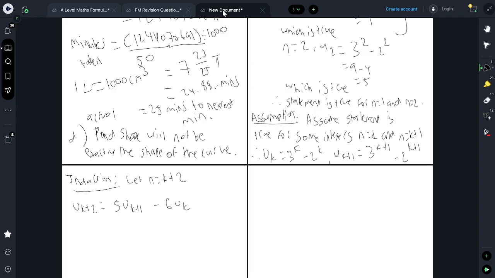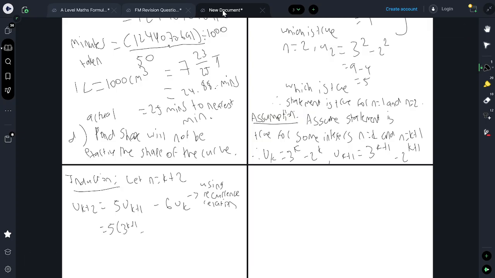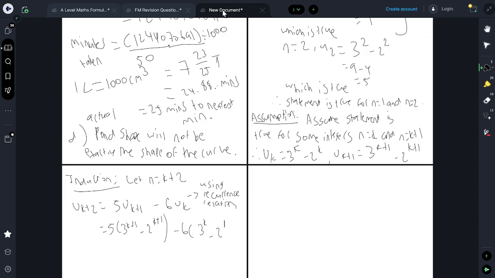Hopefully you can see that's true. That's us using the recurrence relation. We know what U(k+1) and Uk are, so we substitute that in: 5 of 3 to the k plus 1 minus 2 to the k plus 1, minus 6 of 3 to the k minus 2 to the k.